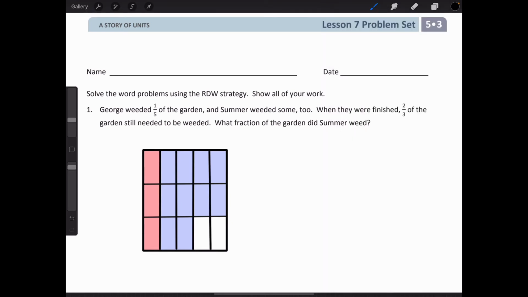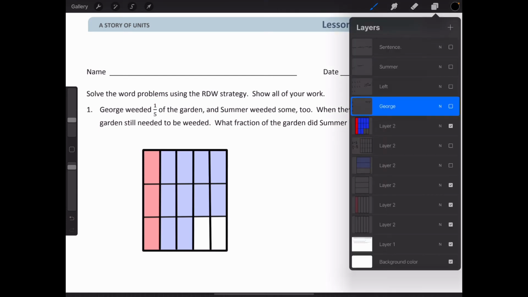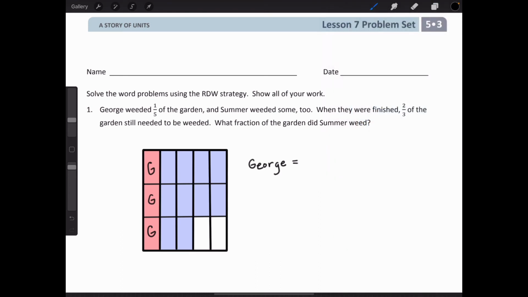So how many 15ths did George weed? George weeded 3 15ths.